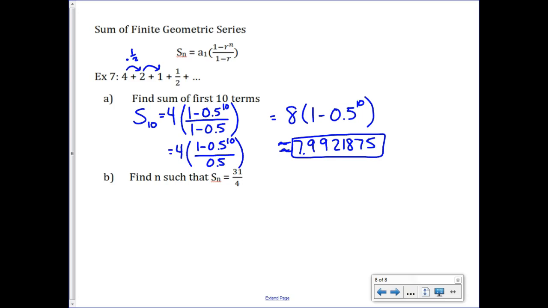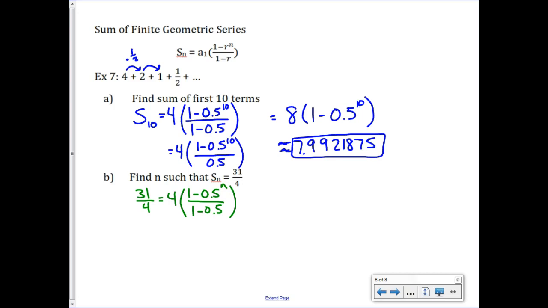All right, find the n value such that the sum of that number of terms is 31 over 4. So we know our answer over here is 31 over 4. We know our first term is still 4, still 0.5 ratio, we don't know what that nth term is. We still have 1 minus 0.5.